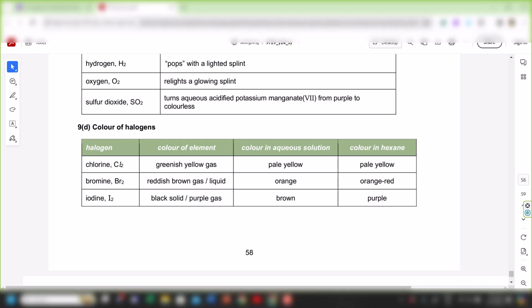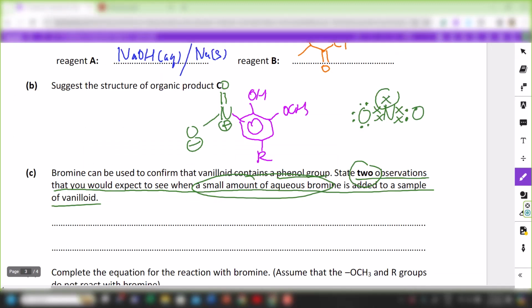It is over there. Do not guess. So the first thing I want to write is yellow-orange bromine decolorizes. For the second one, some of you might write that you expect the production of a white ppt.